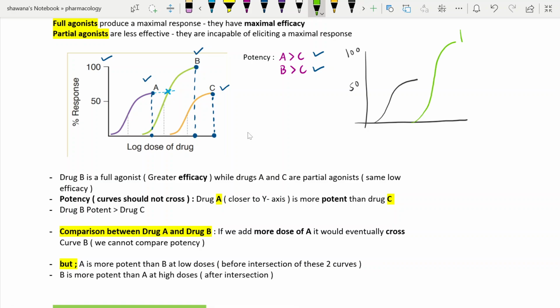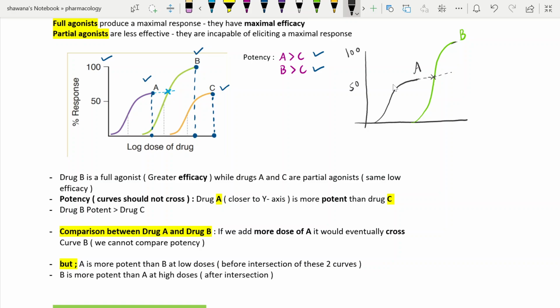Okay, so you can be well clear of that. Up till now, before intersection of these two curves, the potency of A is greater. It means that before this point A is more potent than B, but after intersection B became more potent than A.